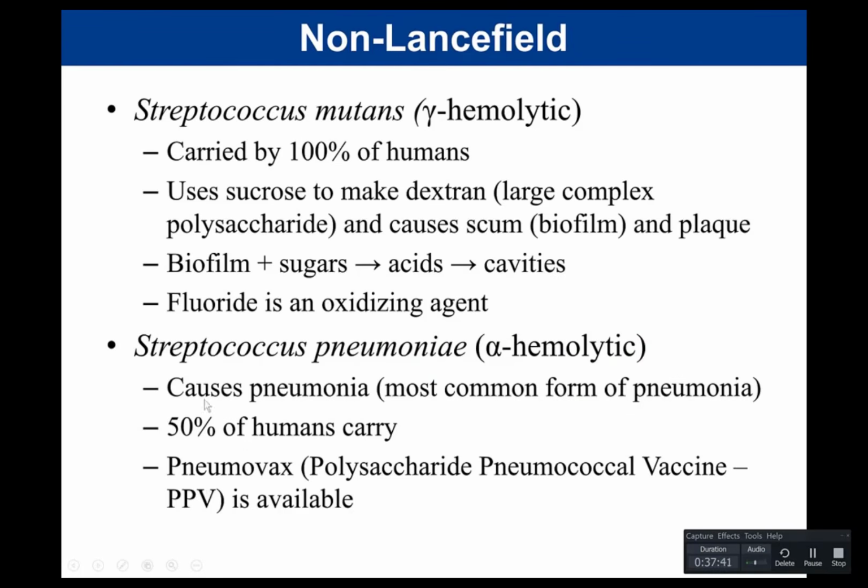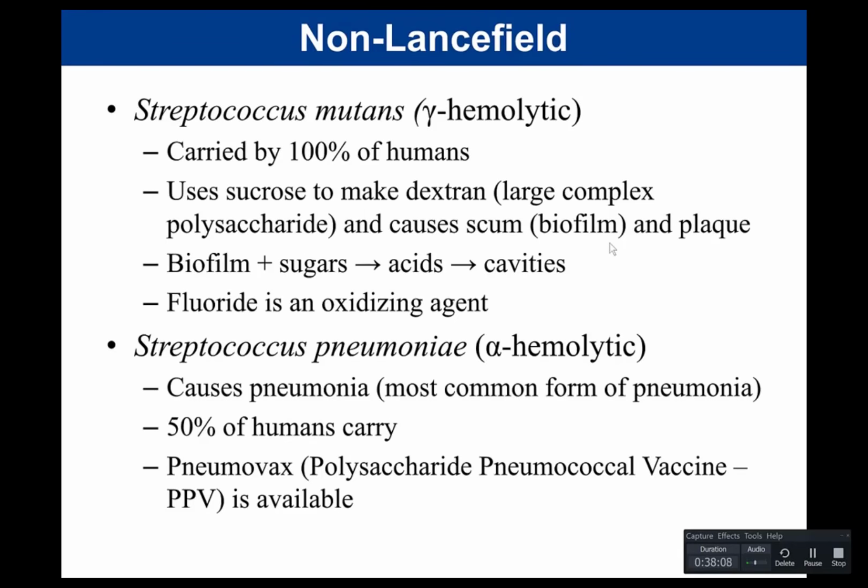And then our last two of our five that we would test would be our Streptococcus mutans, again, carried by 100% of people, and it's the cause of cavities. It's going to use sucrose, which is table sugar, to make dextran. And dextran is a large complex polysaccharide, and it causes this biofilm and plaque to form.